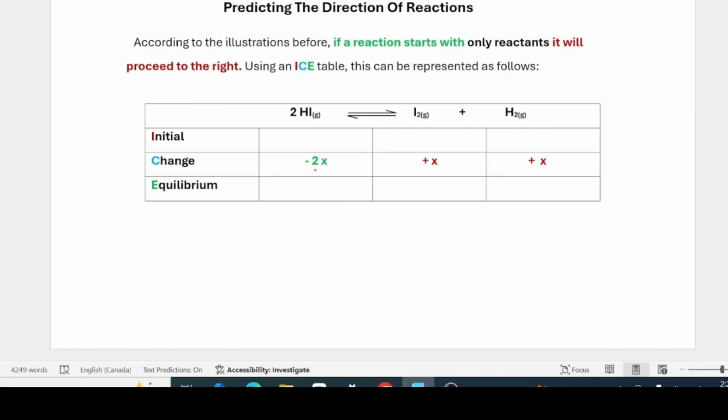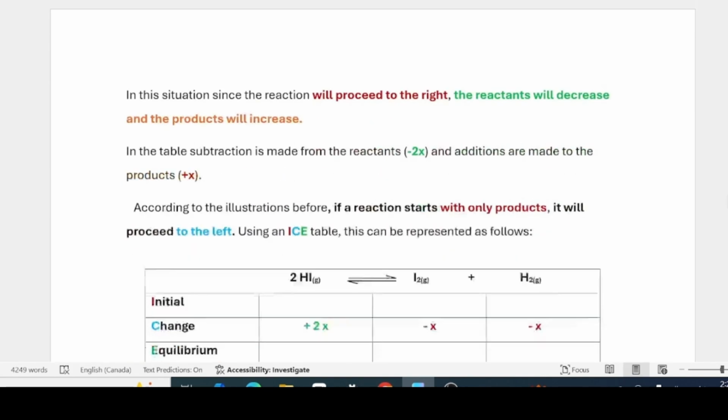We don't know how much is breaking apart, so let it be 2x. So you remove 2x from that. We add 1x to this because there is a 1 here, not shown, and this is also a 1 here, okay? So we know for sure that when you start with only reactants, the concentration of the reactants will decrease and the concentration of the products will increase according to the stoichiometric coefficients.